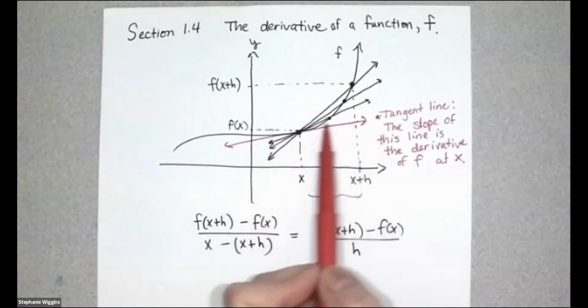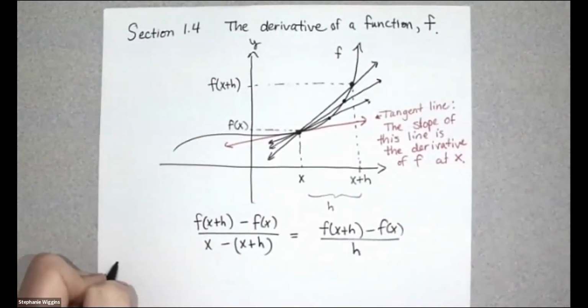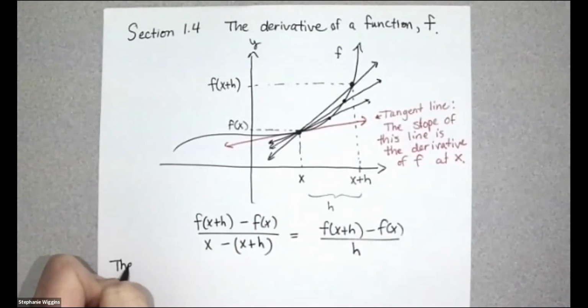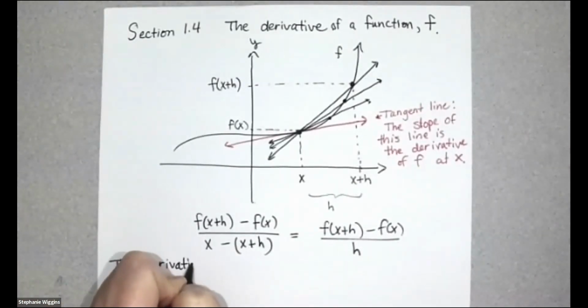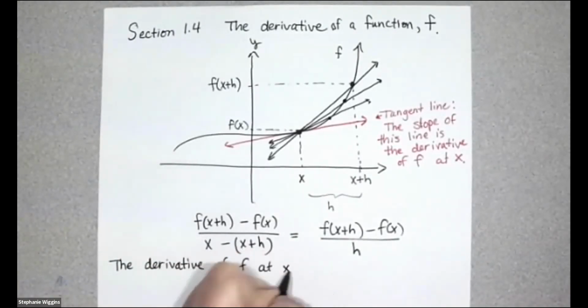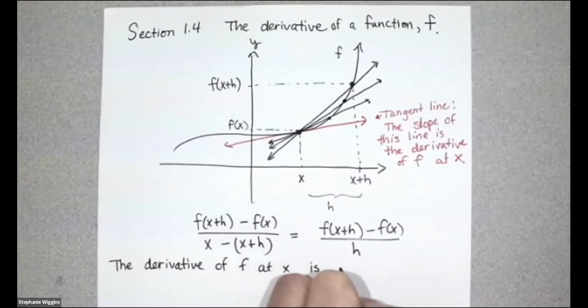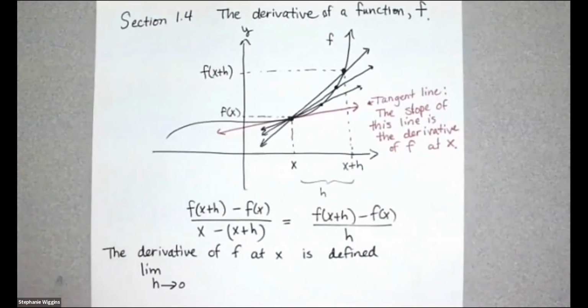But this particular line, the derivative, is defined to be the limit as h approaches 0 of your difference quotient.